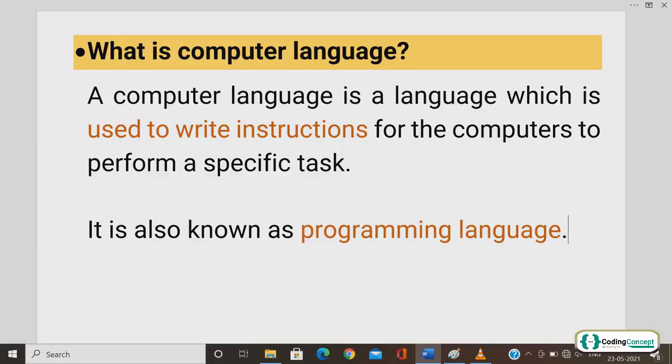Now students, it is very necessary to understand the concept of programs and programming languages before writing programs using a specific programming language. It is very important. I told you before the start of this lesson also that it is very important to have the concept of a program.